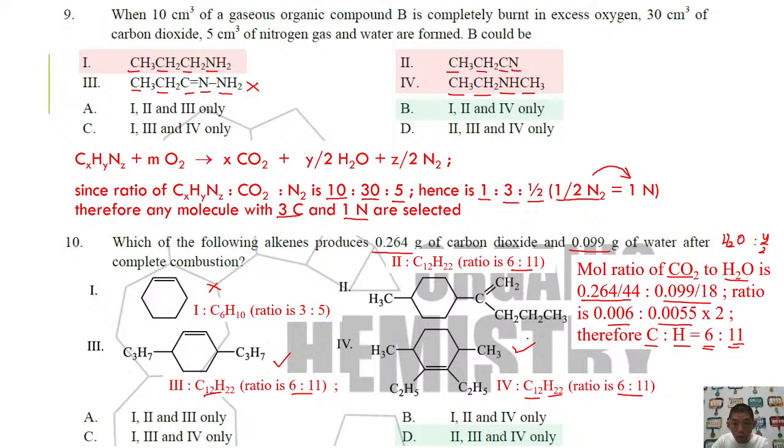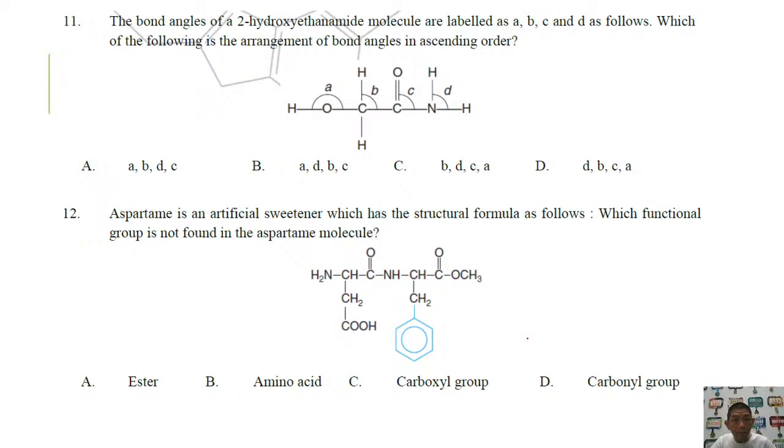Okay, immediately we go to question number 11. Bond angles of 2-hydroxyethylamine molecule are labeled as A, B, C, D below. Which of the following is the arrangement of the bond angle in ascending order? Now, inside STPM chemistry, especially when it comes to organic, you must know by yourself which molecule has lone pair electrons and so on.